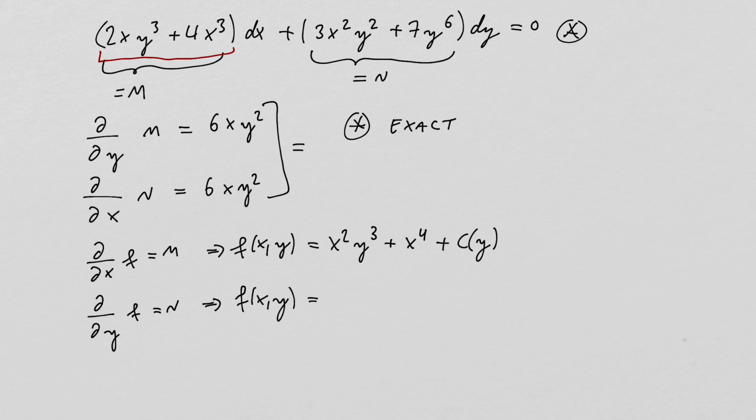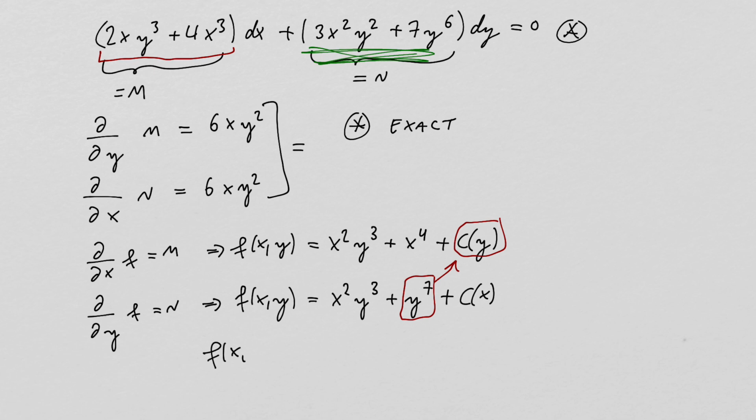And let's integrate n with respect to y. What will we get? We will get something like this, plus a constant which might depend on x. And now we see that this constant depending on y can be this y to power 7. So our function will be like this.